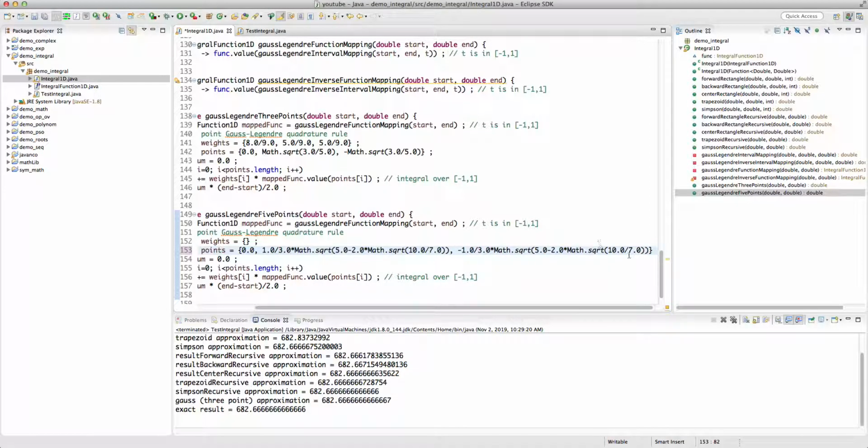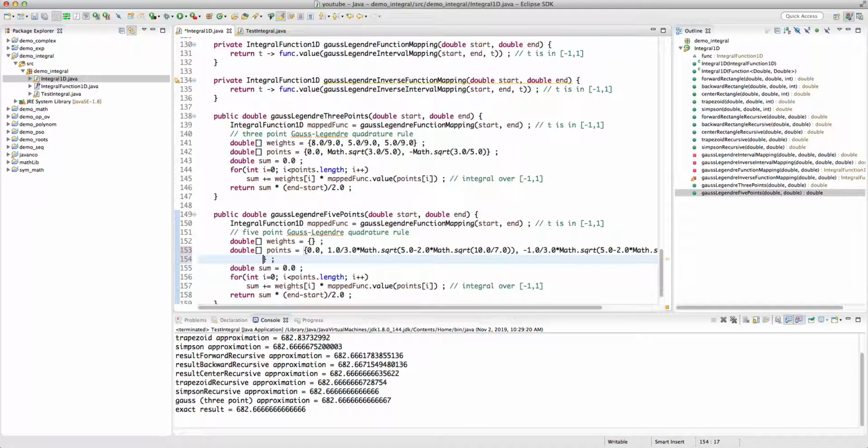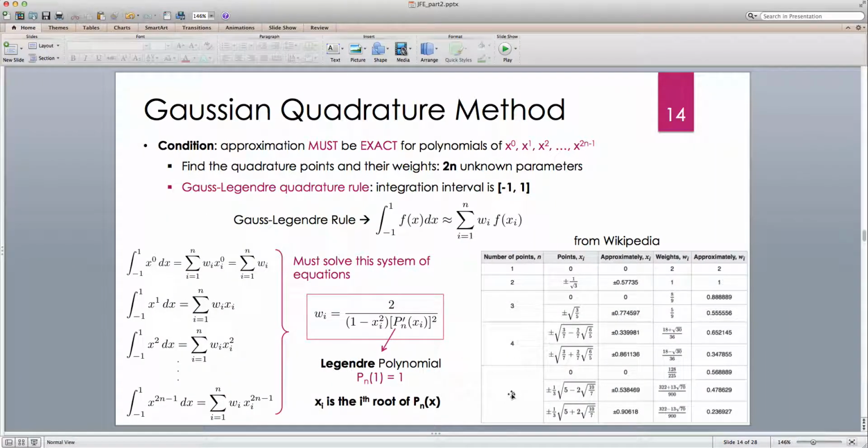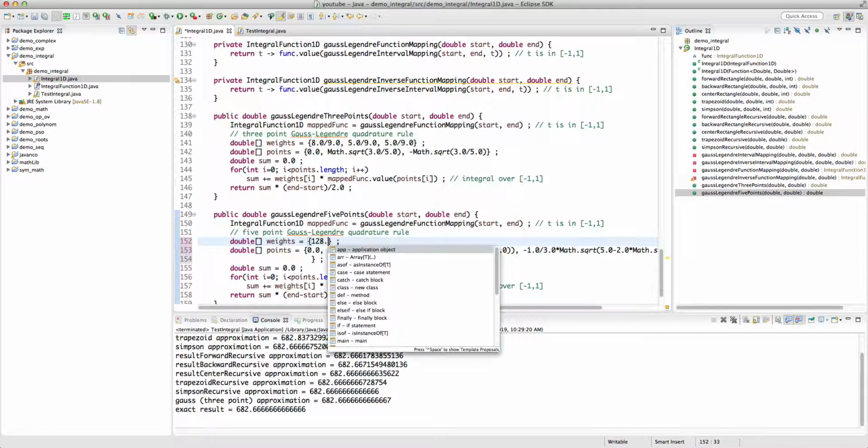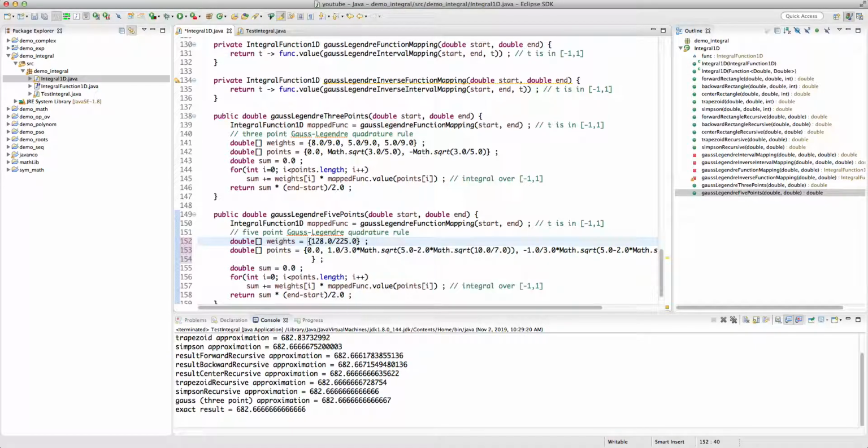Okay, and there are 2 more points that we can write down here. And then let's look at the weights. For 0, the weight is 128/225. So 128 divided by 225.